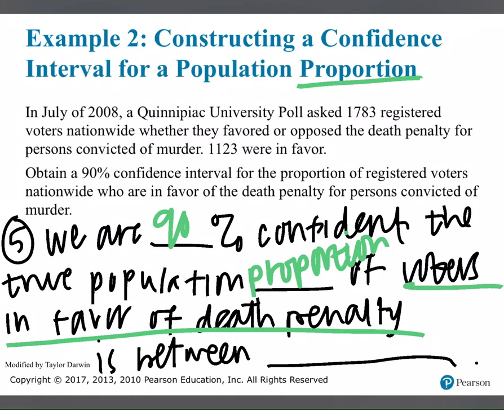If we were talking about people who liked dogs, then that's what we'd put there. Is between, and then you put your confidence interval. So we got is between 0.6110 to 0.6486. And then you are done.